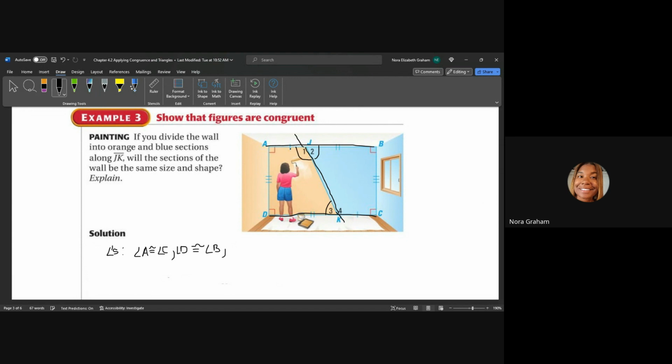And then also 1 and 4 are going to be congruent because of alternate interior angles. So I'll put angle 2 congruent to angle 3. And then angle 1 congruent to angle 4.